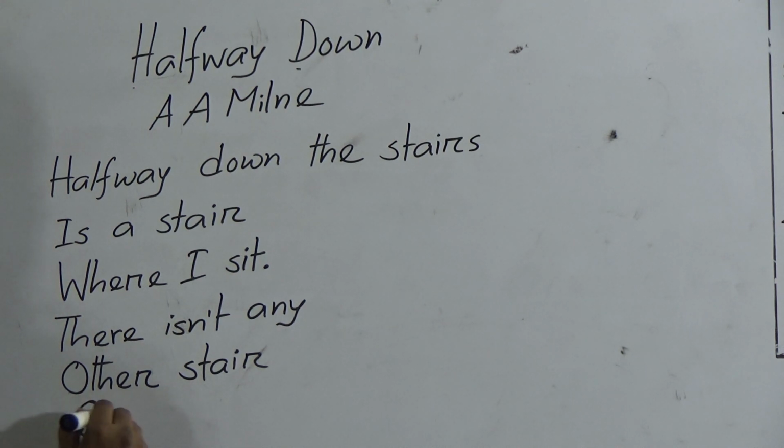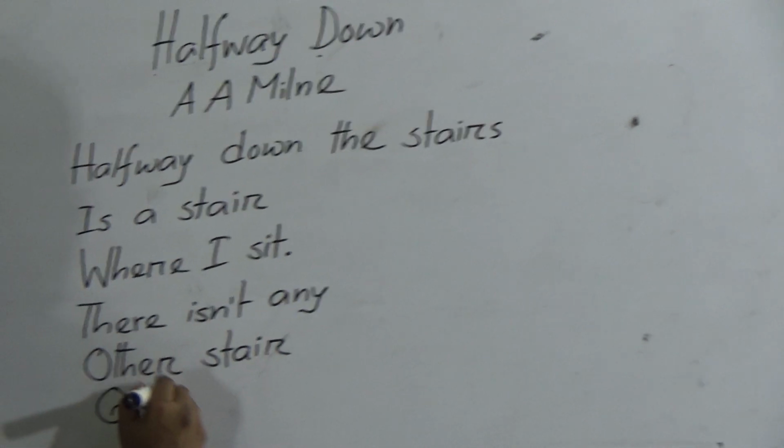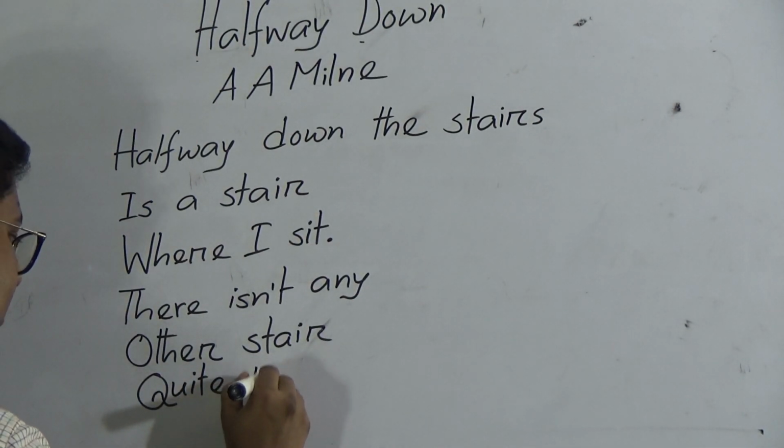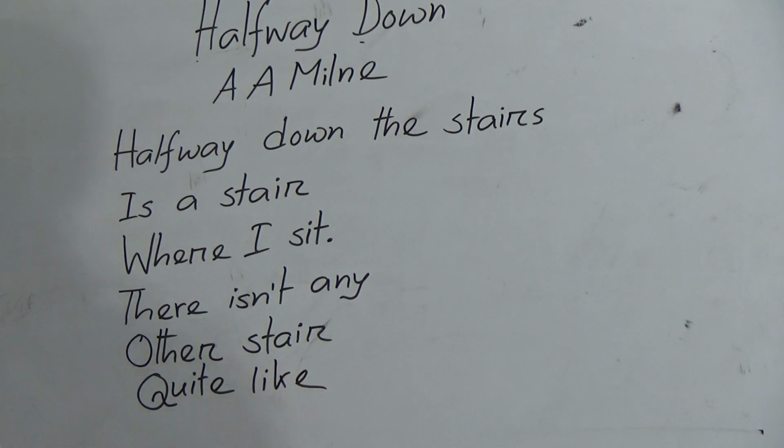Quite, Q-U-I-T-E. Q will be capital, first letter of a sentence. Quite like it. Then again, the first letter of a sentence will be capital, and then a full stop. So there isn't any other stair quite like it.